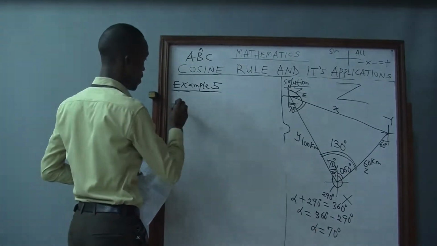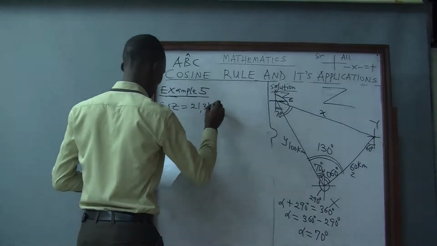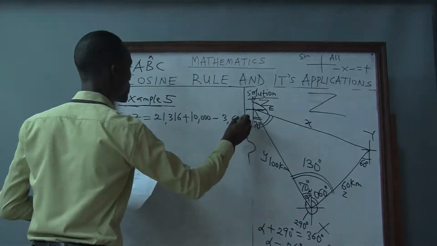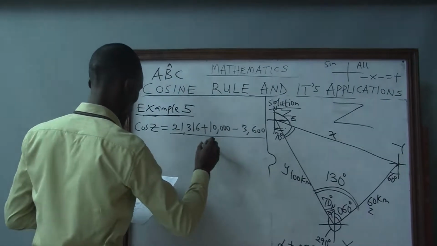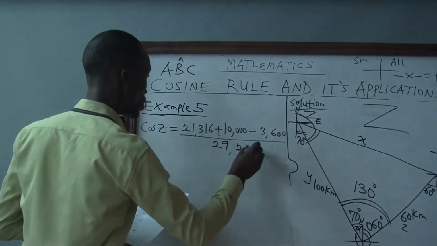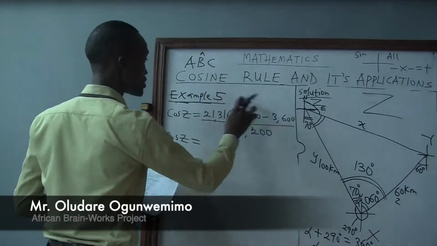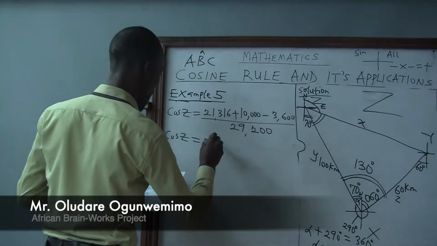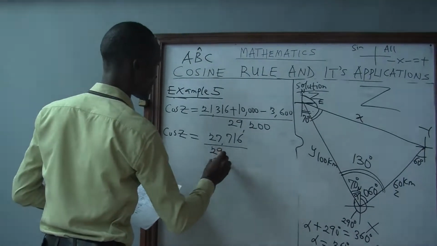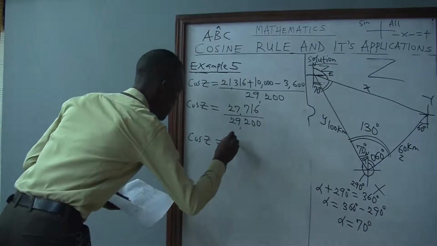Taking the square of 146, we have cos z to be 21,316 plus 10,000 minus 3,600 divided by 29,200. So by simplifying the numerator, we have the addition of this and subtraction of that one as 27,716 over 29,200.